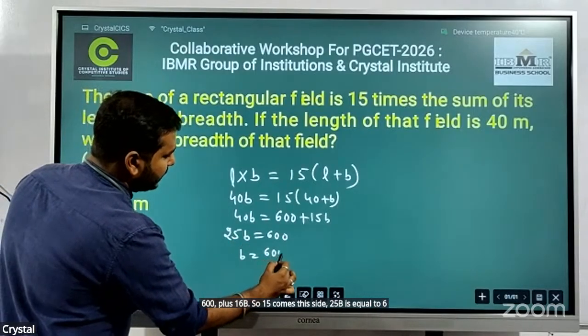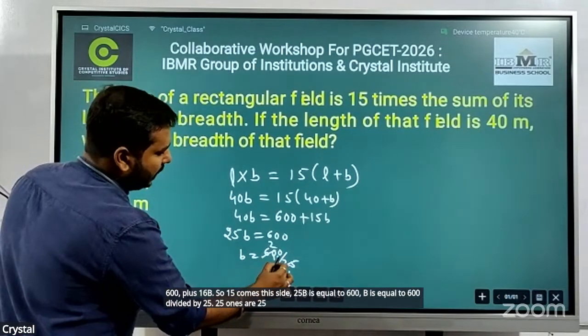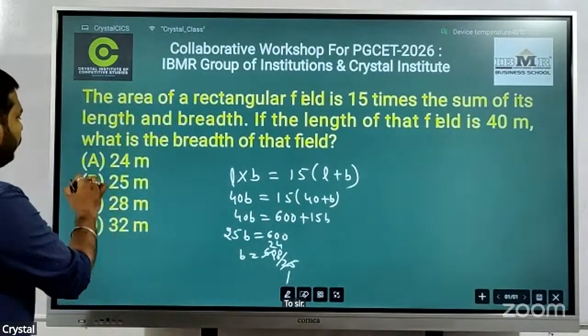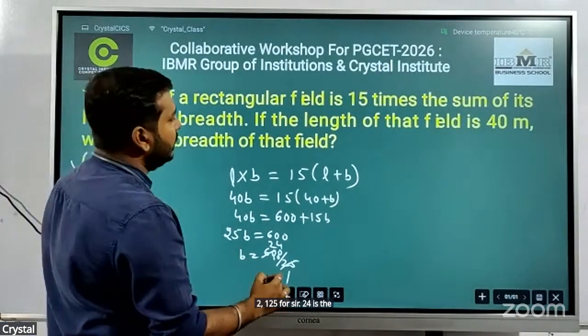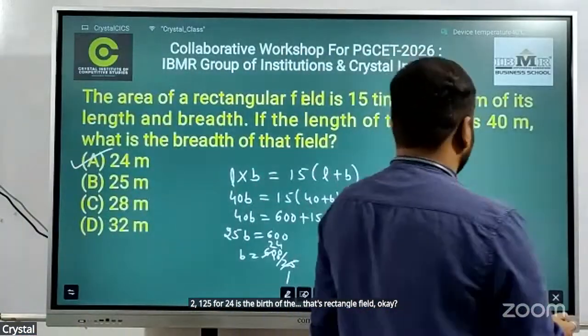B is equal to 600 divided by 25, which is 24. 24 is the width of the rectangular field. Okay, 24 meter.